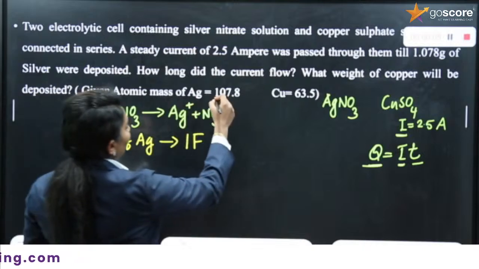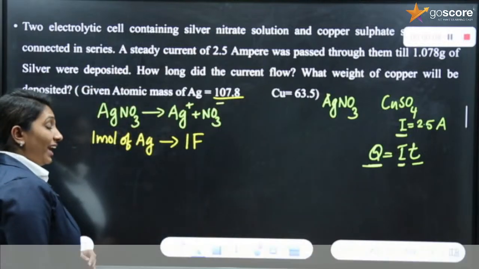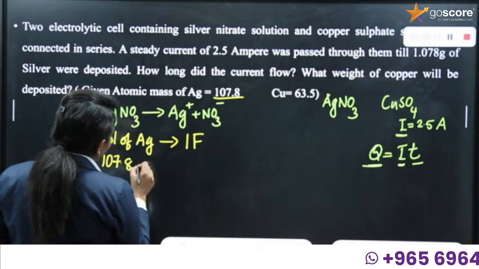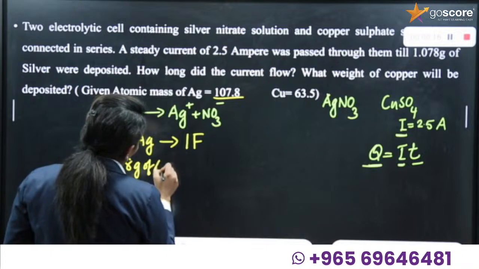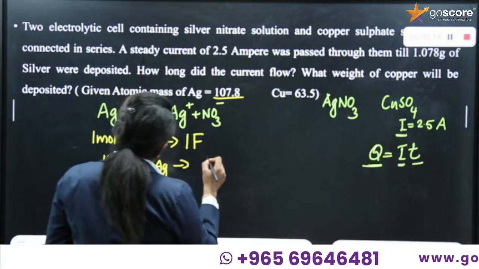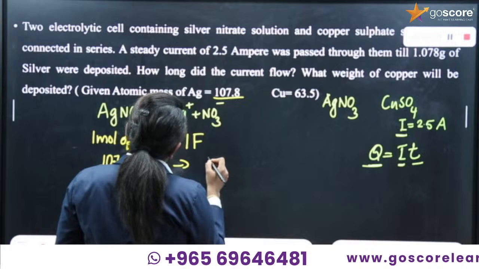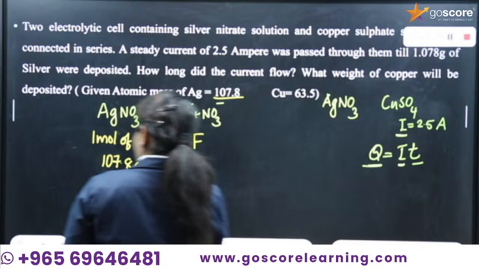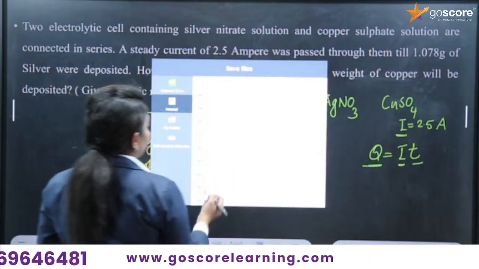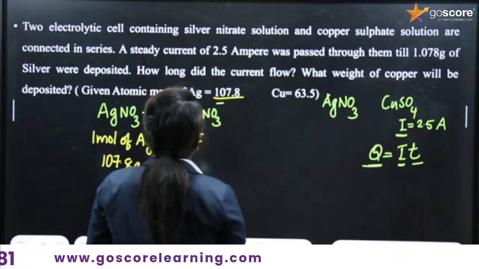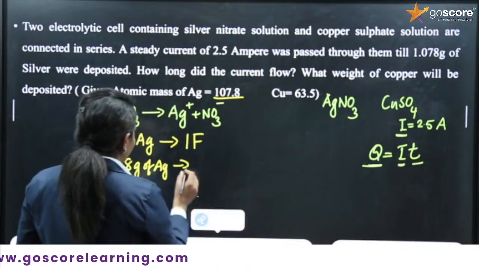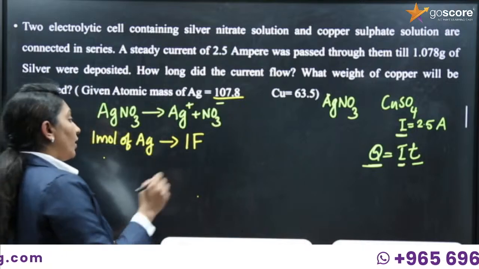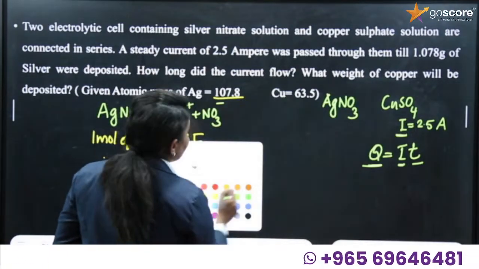Here we have taken 107.8 gram. So 1 mole of Ag requires 1 Faraday, right?